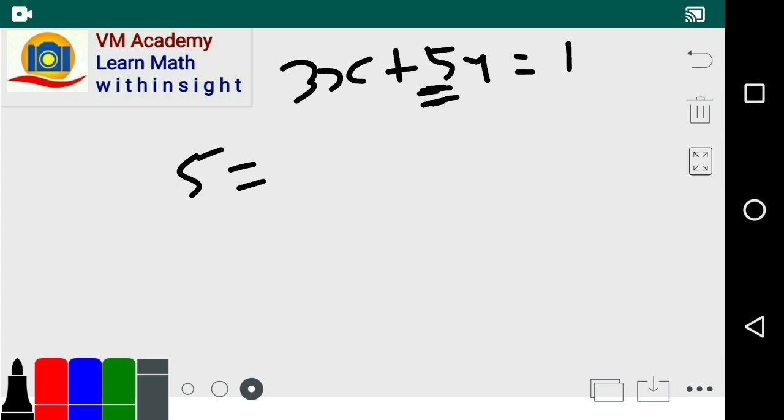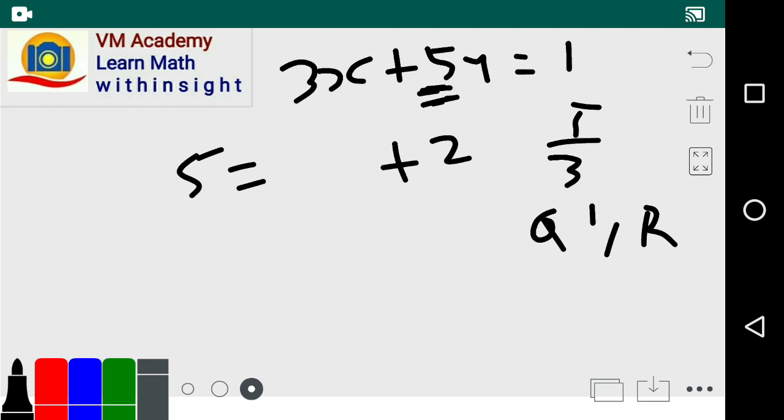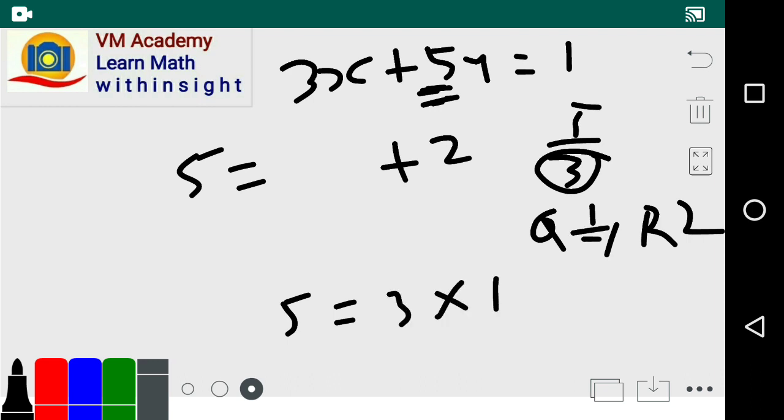divided by 3 gives remainder 2 and quotient 1 friends. So we can express 5 as the divisor 3 into quotient 1 plus remainder 2.